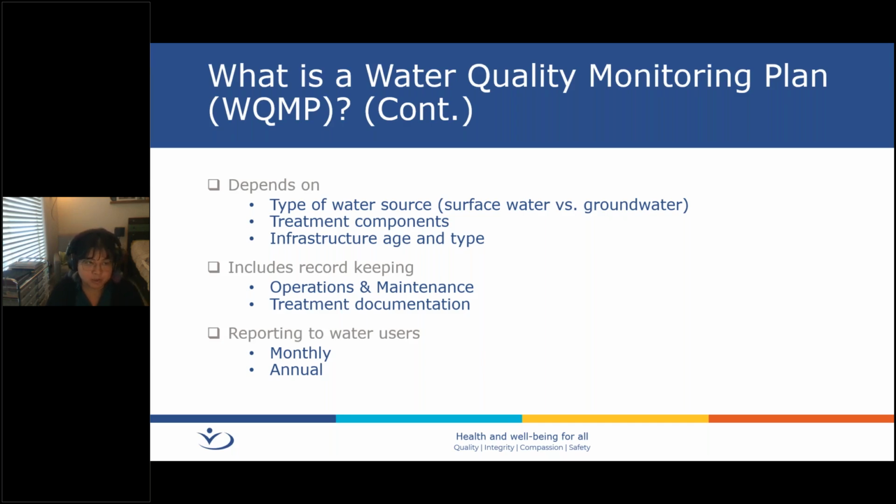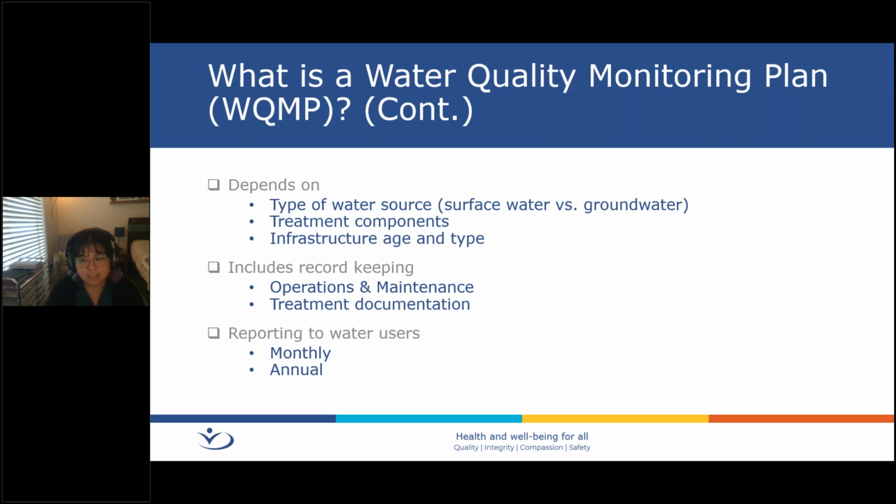The water quality monitoring plan also includes reporting to water users. So it could be monthly and or annual reporting. So this depends on the type of system you have, but typically with a system with permanent residents, it's a good idea to have at least annual reporting to keep water users updated on any upgrades or any issues regarding the water system and needing funding.